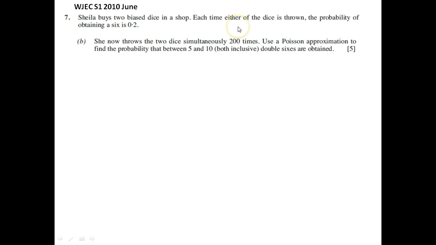So originally we had a binomial distribution. The probability of a double 6 would be 0.2 times 0.2, which would be 0.04.